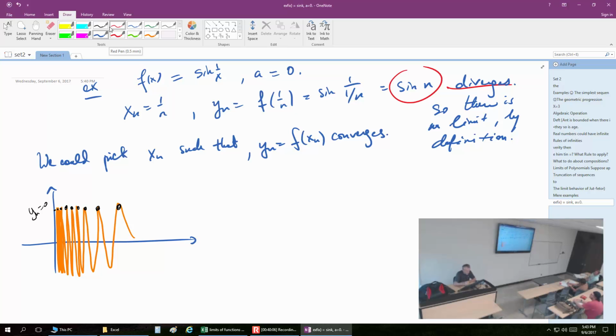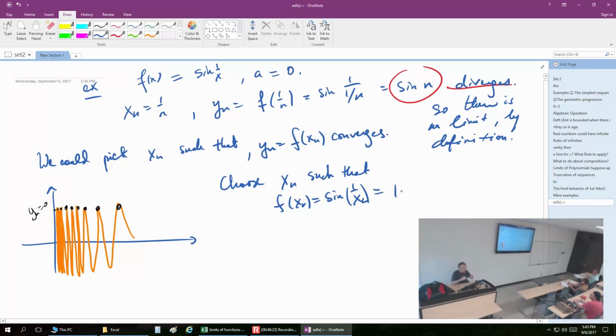Just to make it specific, let's choose xn such that f of xn, which is sine 1 over xn, is equal to 1. I want to have them on the same level. So let's solve it. Remember trigonometry?